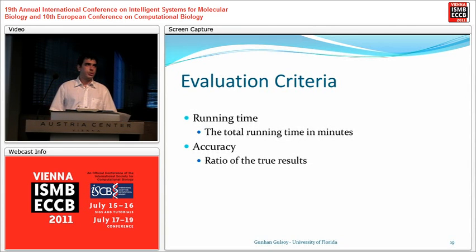And we evaluated the methods we mentioned in these results in terms of the running time and the accuracy, the ratio of the true results, since it's directly affected by the accuracy of our upper bound. So let me show you the first of our results.